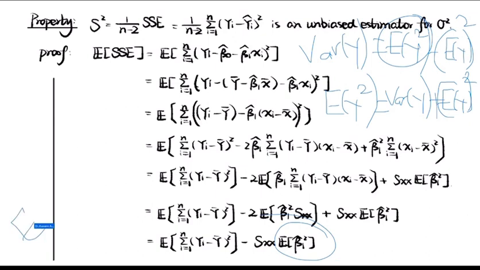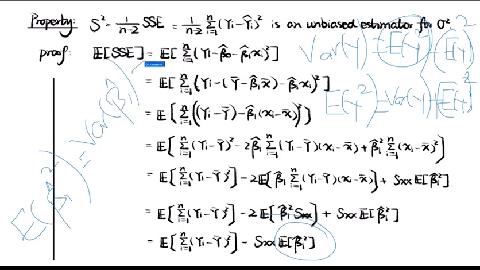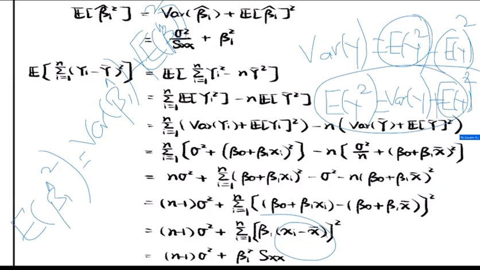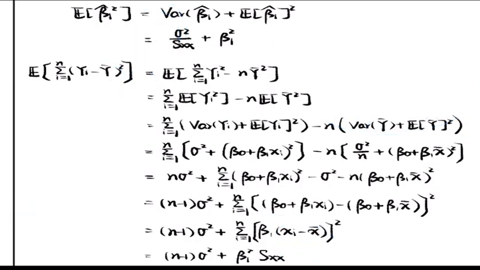So the expected value of beta 1 cap squared is just going to be the variance of beta 1 cap plus the expected value of beta 1 cap, squared. Now, the variance of beta 1 cap, we've derived that to be sigma squared over SSX.